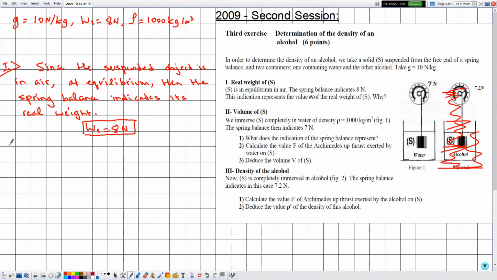So let's say we are in part 2, number 1.